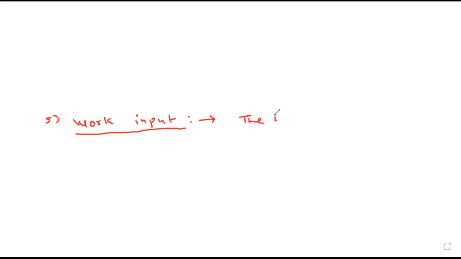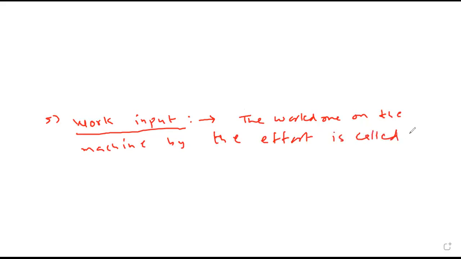So the work done on the machine by effort is called as work input.